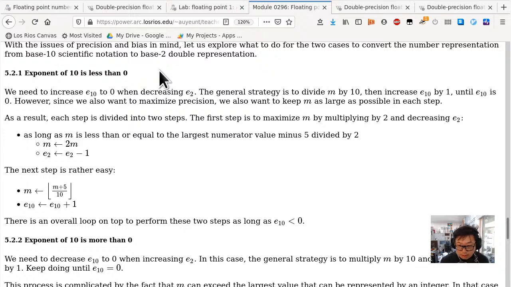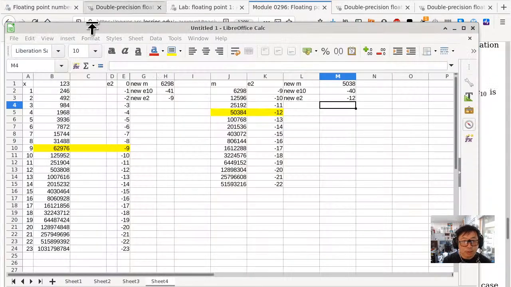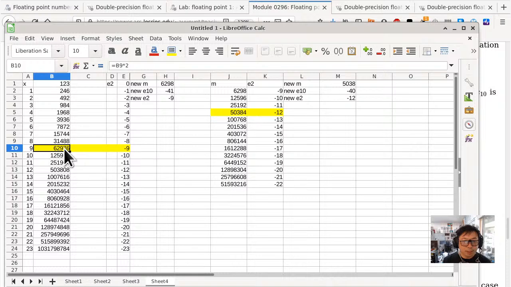I can share the spreadsheet and also the journal for today, because the spreadsheet is going to be helpful because we can see how M got to as big as it can that barely fits within 16-bit, but because we add 5, then divide it by 10, now it is only 6,000 something, which means I get to multiply it by 2 a few times before I hit the limit again, and then I divide it by 10 again, and keep multiplying by 2. So yeah, very good.